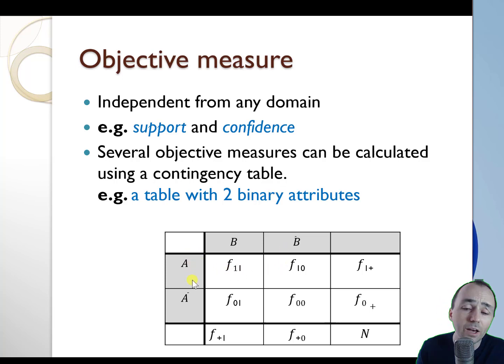Here we have a table. We have A, and A with overline. For example, you buy the apple or you don't buy the apple. And B means, for example, you buy the bread, or B overline means you don't buy the bread. So we will look at the combinations.